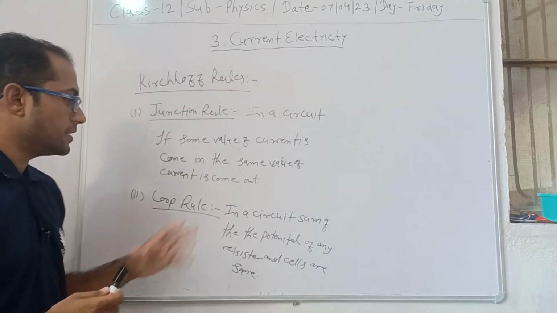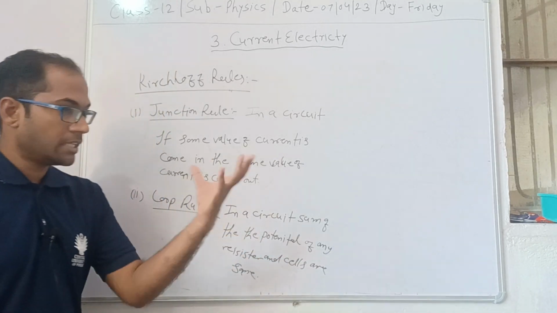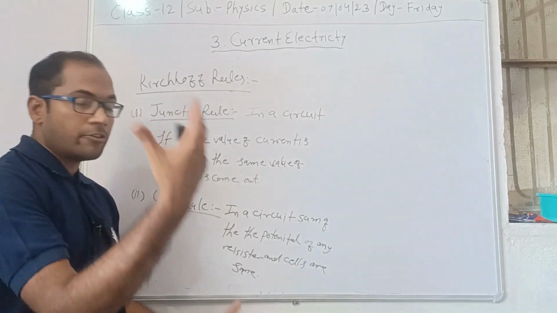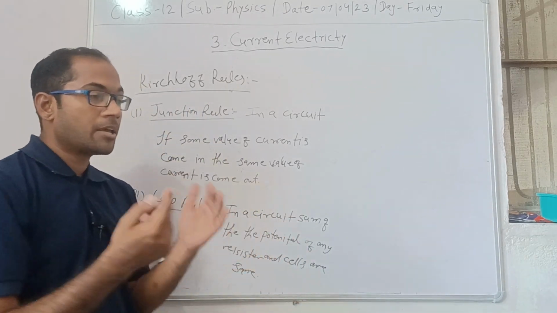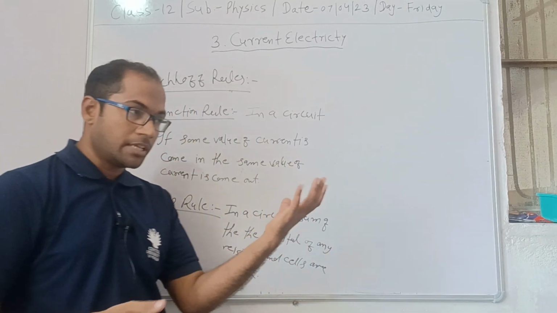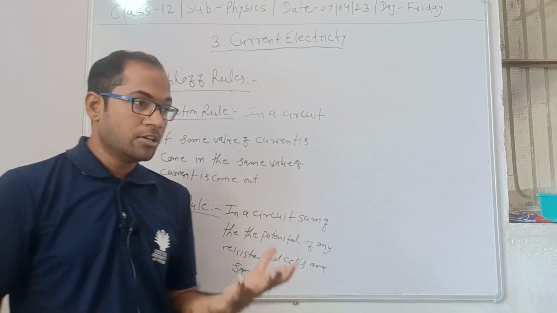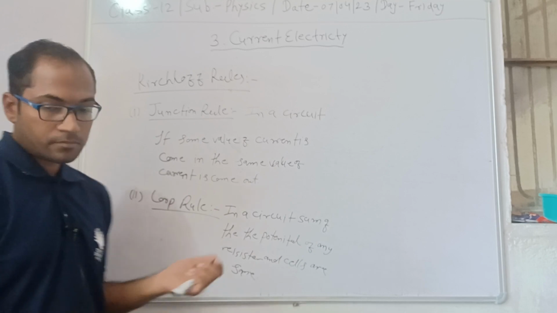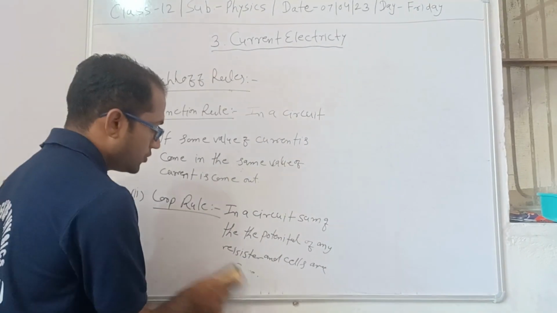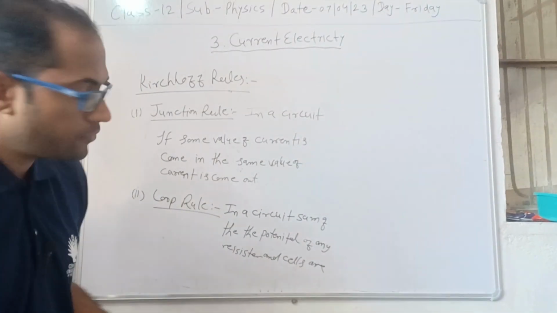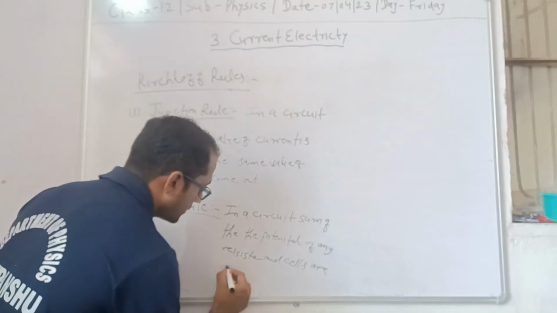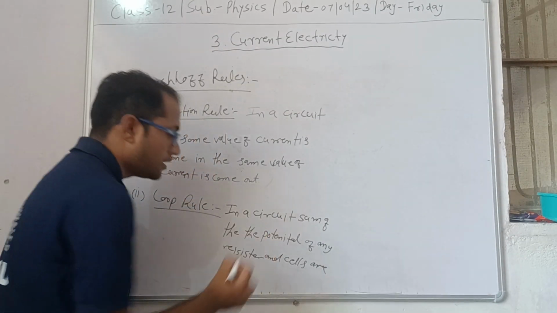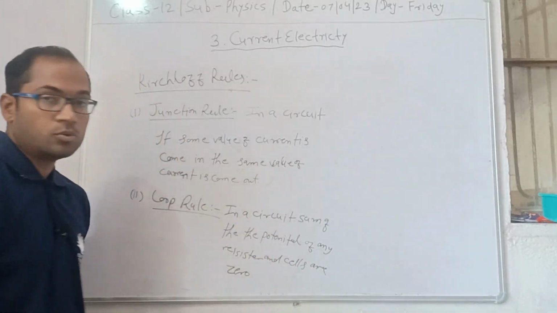Kirchhoff says that in this statement a resistor has some potential difference, and a cell also has potential. But in a circuit if some resistors and some cells are available, the sum of the complete potentials, sorry, not the same, it is 0. The sum of the complete resistor and cell potentials is equal to 0.